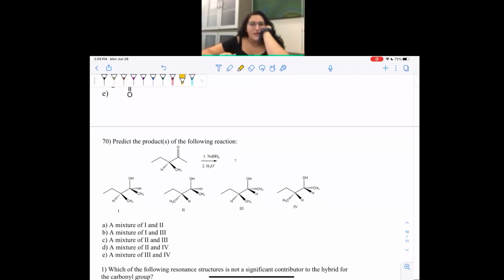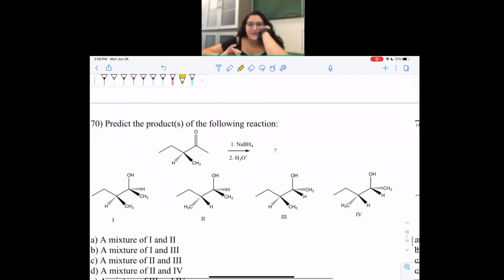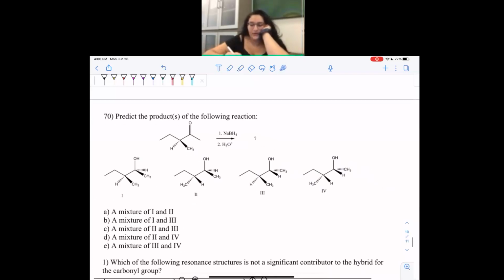Okay, so this is a reduction reaction, and we are going to reduce this one; we leave this one absolutely unchanged. So this is incorrect because it flipped. This is incorrect because it's flipped.